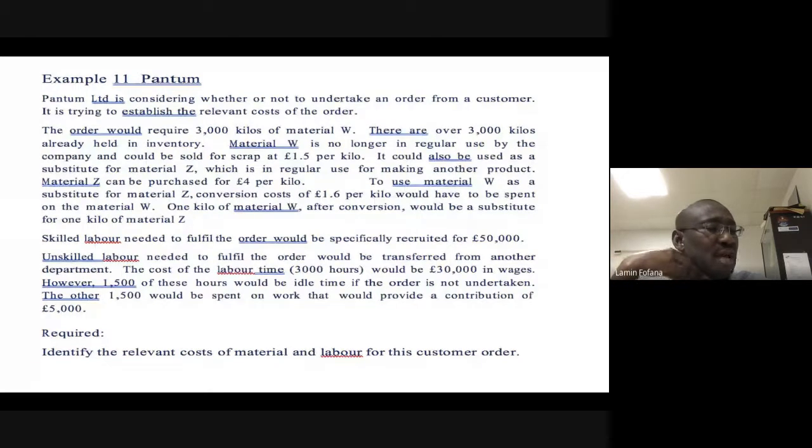If it is used as scrap, it's going to be 1.5. So what's the opportunity cost? It is the higher of the two. The opportunity cost will therefore be 2.4.